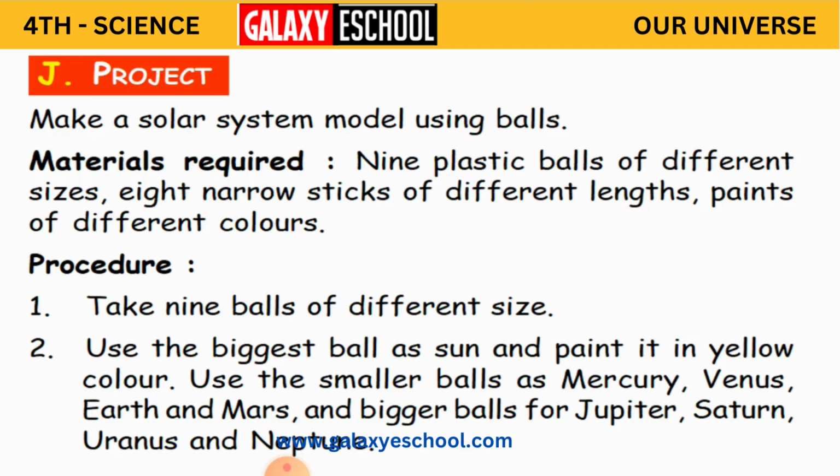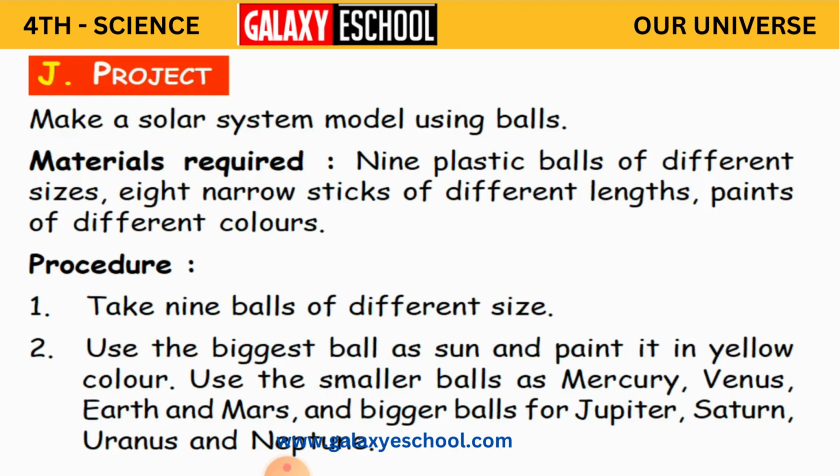For this, the materials required are 9 plastic balls of different sizes, 8 narrow sticks of different lengths, and paints of different colors. You have to take the 9 balls of different sizes according to the size of the planets. You have a sun, a very big star.